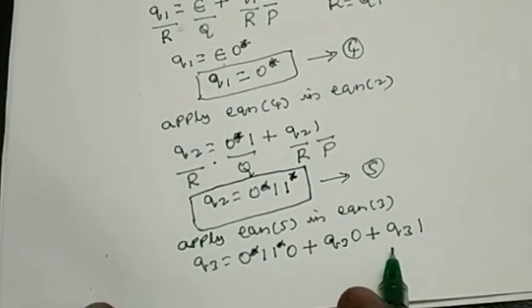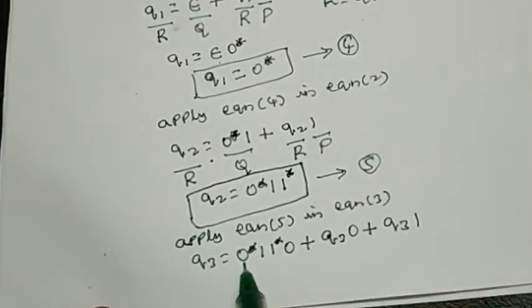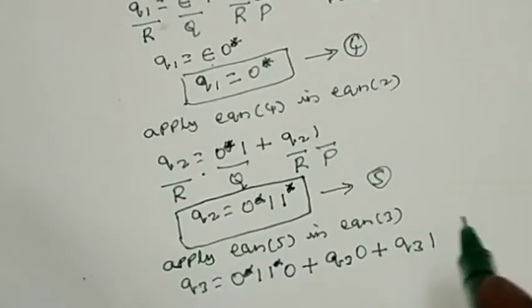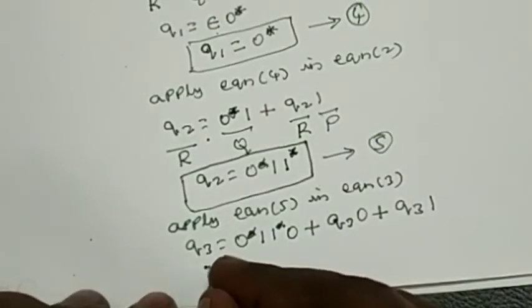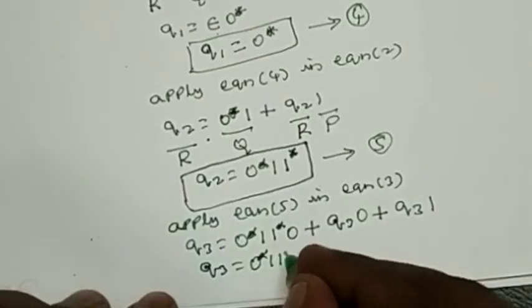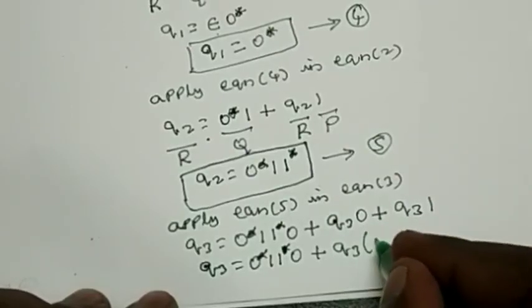Now what I have to do here is very simple. You can reduce this Q3, which is a common term for 0 and 1. So Q3 is equal to 0 star 1 1 star 0 plus Q3. I take out Q3 as a common term, and what is remaining is 0 plus 1.